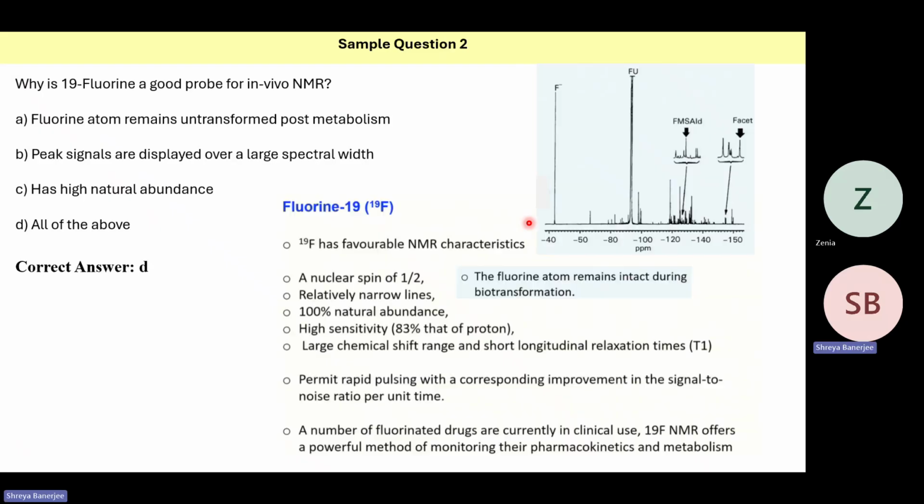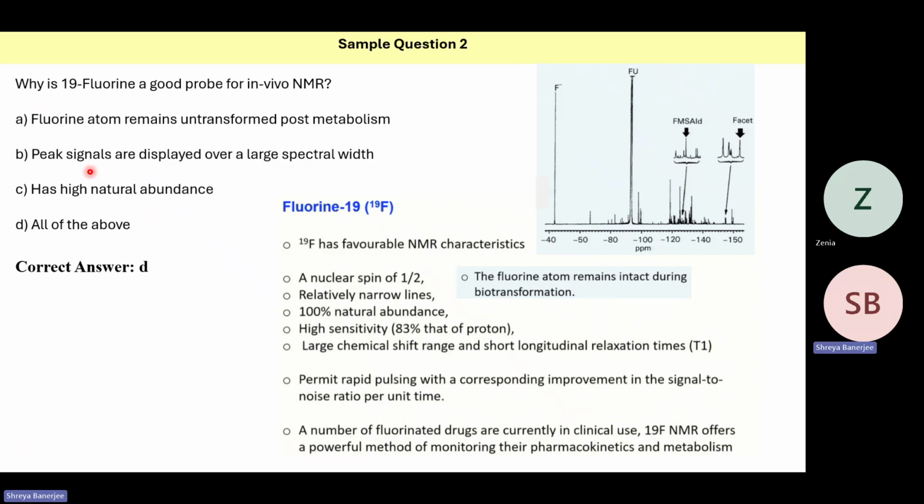So here, if we look at the favorable characteristics of 19F, it remains untransformed during metabolism. So it remains intact during biotransformation. Basically, since it remains untransformed, you will be able to study its entire journey from the time of ingestion to excretion. So this is a positive point.